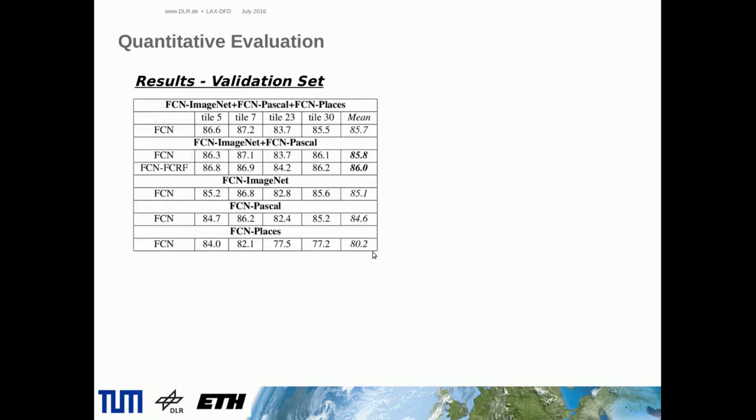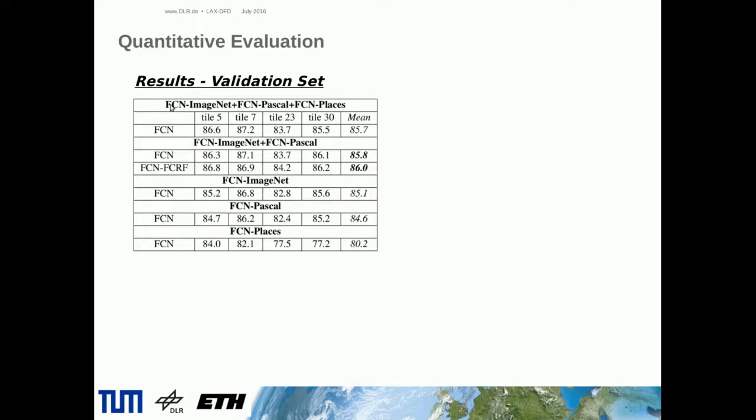Some quantitative evaluation. Here we used the ISPRS benchmark dataset, an open benchmark dataset. Particularly we used the ISPRS Vaihingen dataset, and these are our results on the validation set.